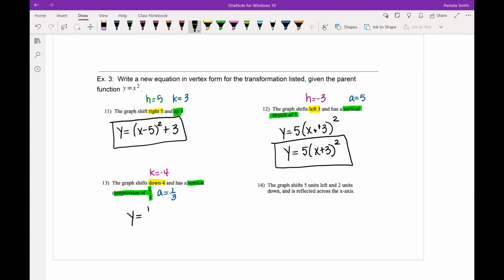So y equals 1/3 times x. There was no change in my h, so there's x minus 0 squared minus 4, but we wouldn't really write that x minus 0. We would write this one as y equals 1/3 x squared minus 4. If there's no change to the h, we wouldn't write in the 0.